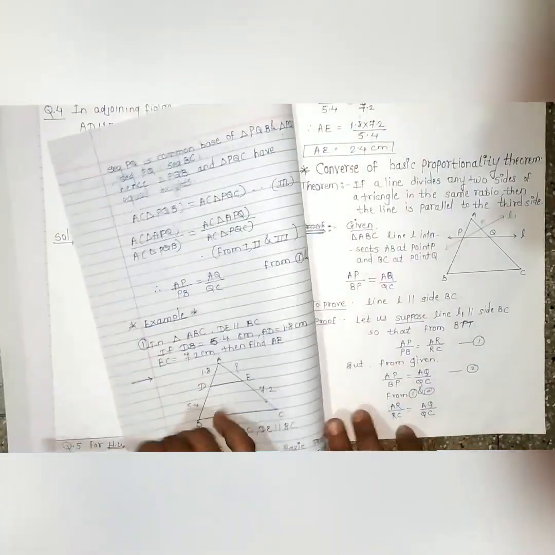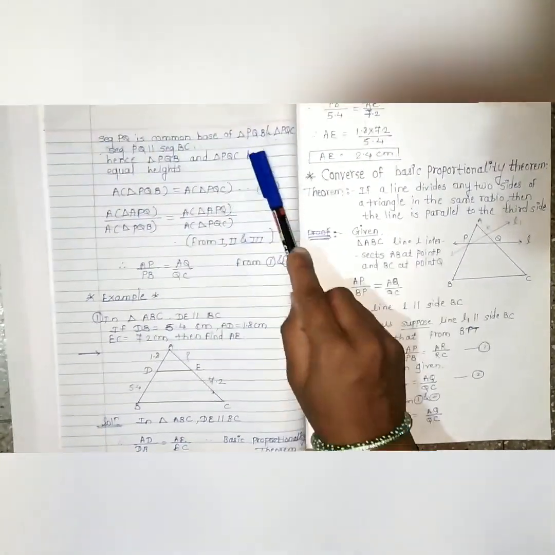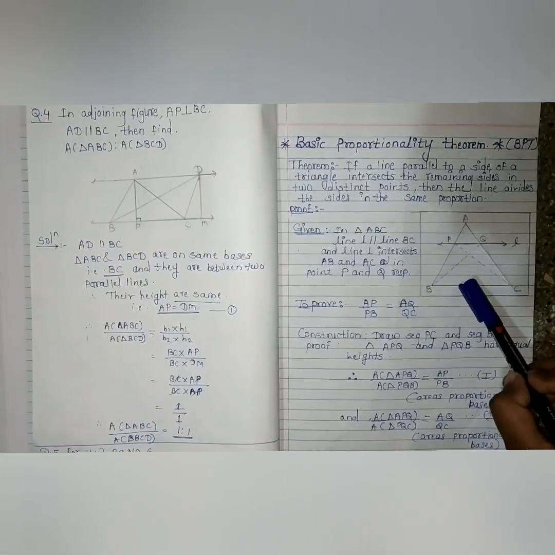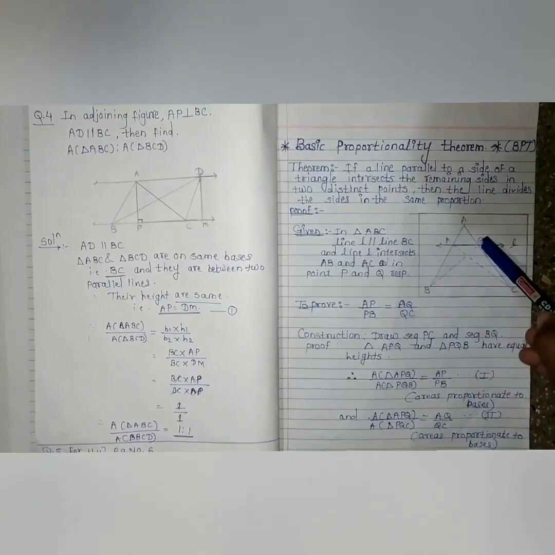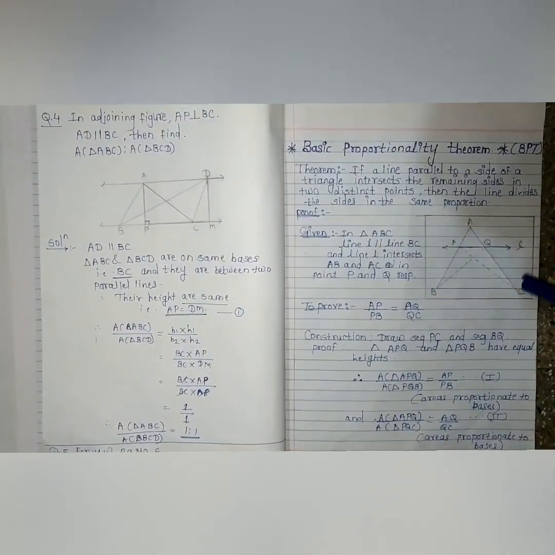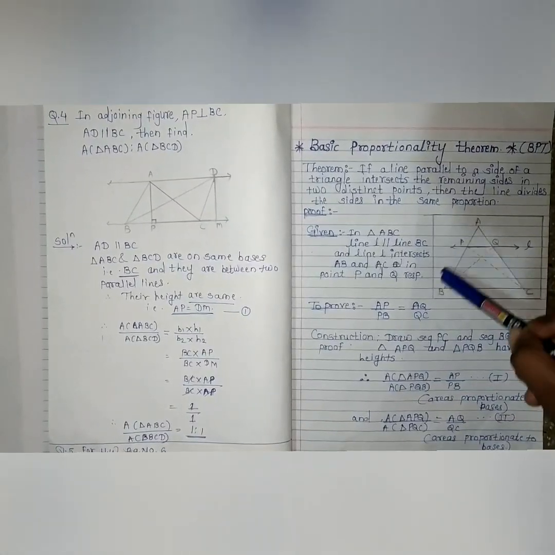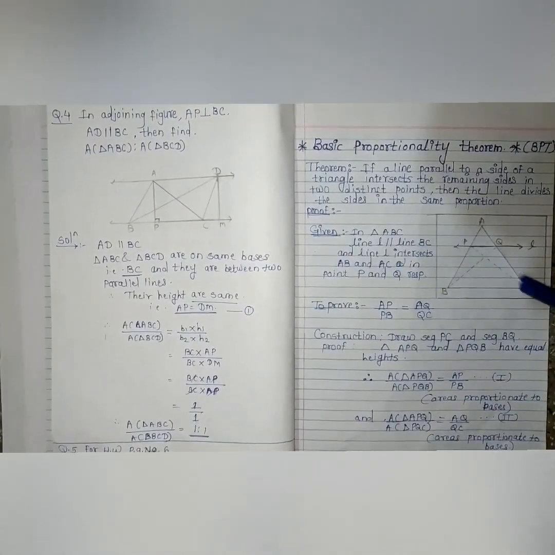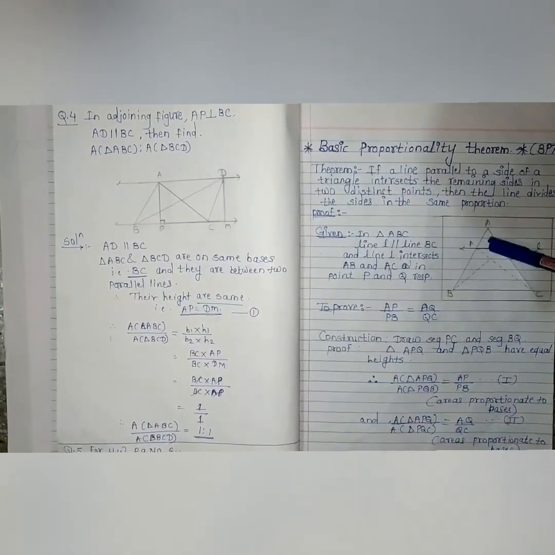Okay, next proof. Segment PQ is the common base of triangle PBQ and triangle PQC. Segment PQ is parallel to segment BC.